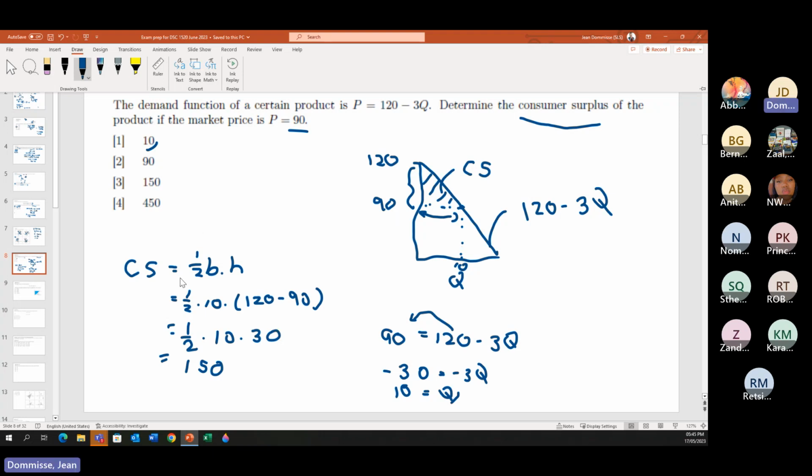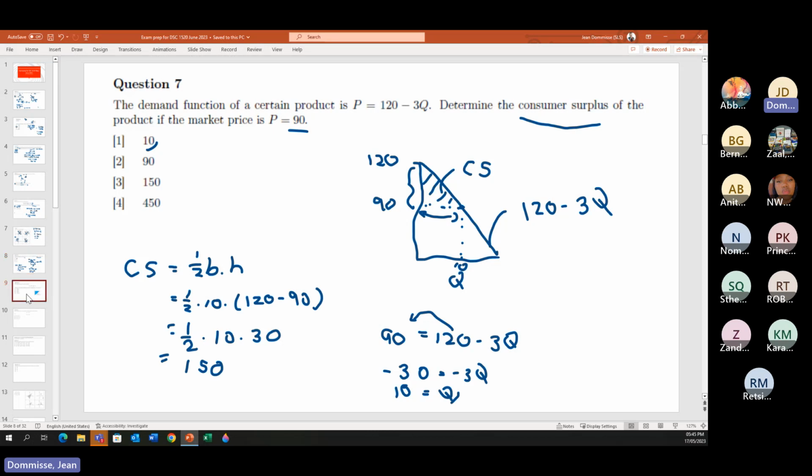So when we look at the demand function and they've asked us to work out consumer surplus, once again you will most likely get consumer or producer surplus for linear, and in some instances also for your non-linear or quadratic function.